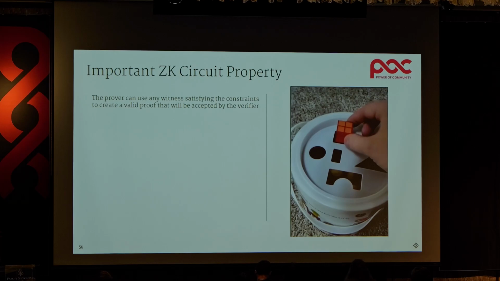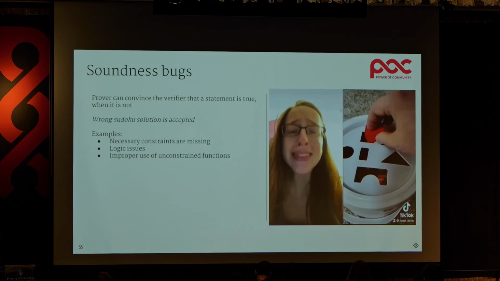It doesn't matter what the intention of the programmer was. If it satisfies all of the constraints, then it is going to provide a valid proof. And so, because of that, there are soundness bugs, where, let's say, a wrong Sudoku solution is accepted. Usually, they come from the fact that necessary constraints are missing.